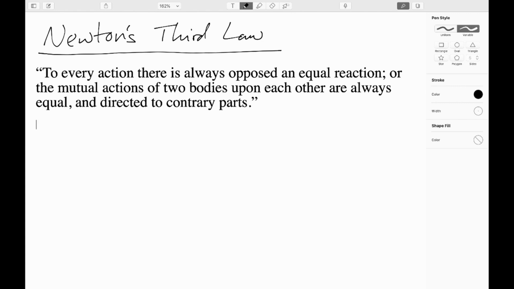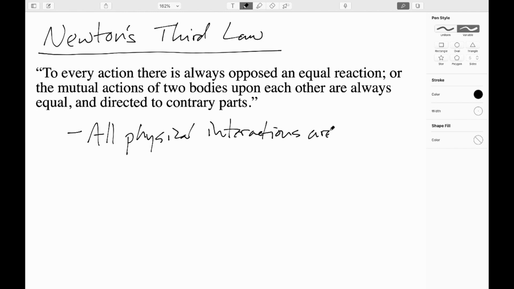So let's go through and say, what does this mean? First off, the big deal that he added to it: all physical interactions are mutual. Now, what we mean by that is the two players that are interacting interact with each other at the same time.